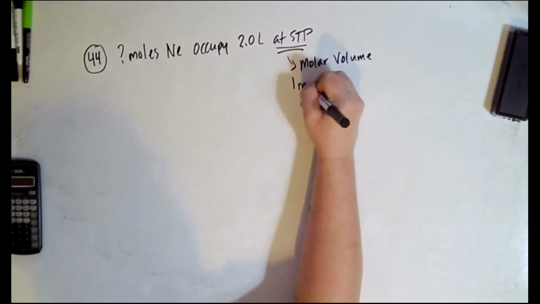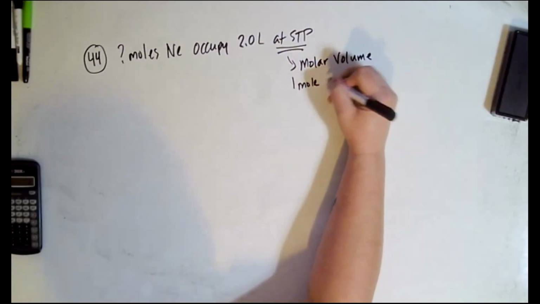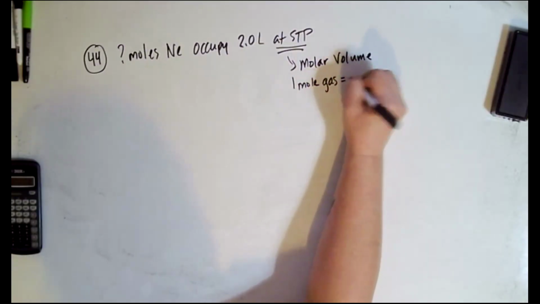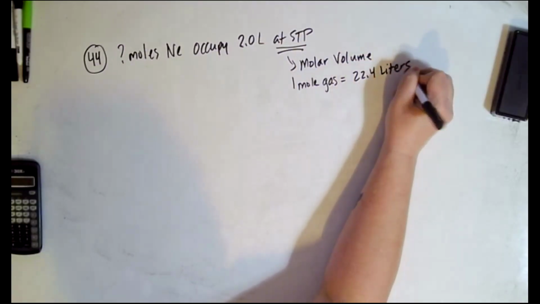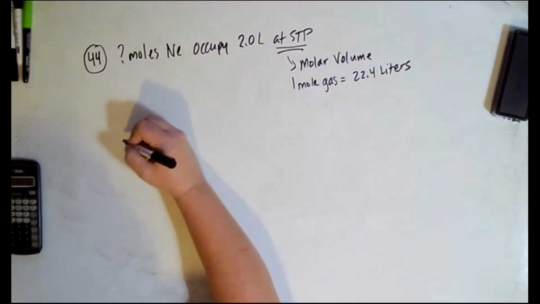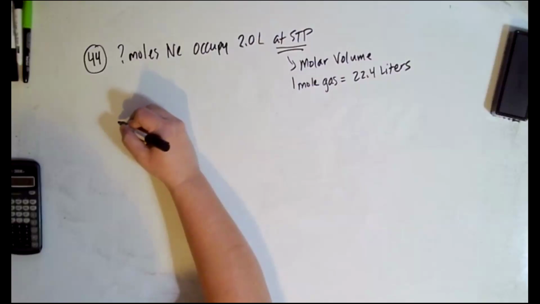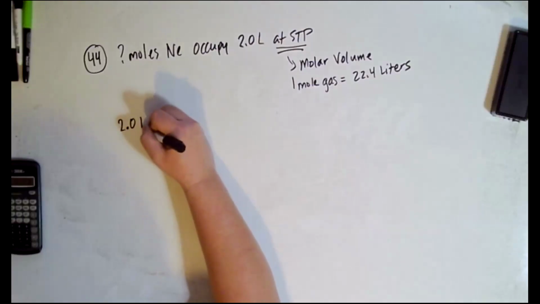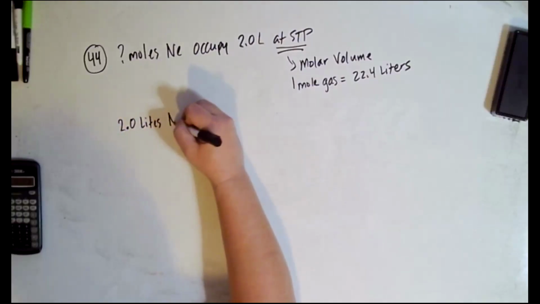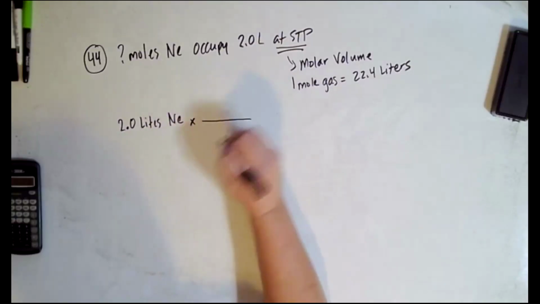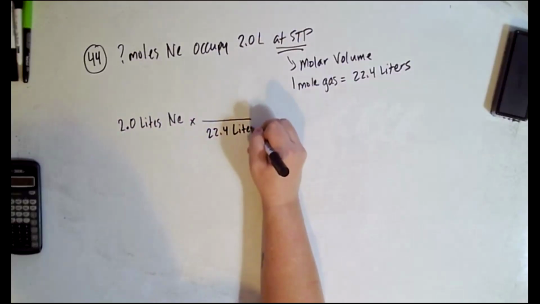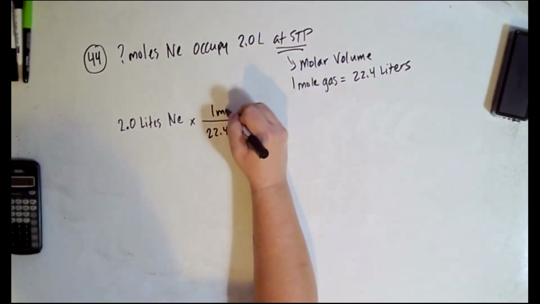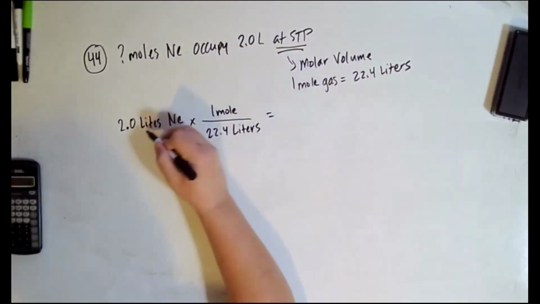Which is, again, we'll just keep rewriting it to remember. 1 mole of gas is 22.4 liters. Okay, so I know that I have 2 liters of neon. And I know that there's going to be 22.4 liters in every 1 mole.